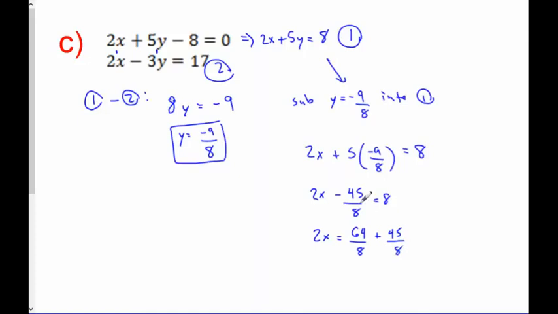Right, and in the last problem, we talked about how you could just multiply everything here by 8 to get rid of the fraction. Both methods work here. So I have 2x equals 109 over 8, which if I now divide by 2, I have x equals 109 over 16.